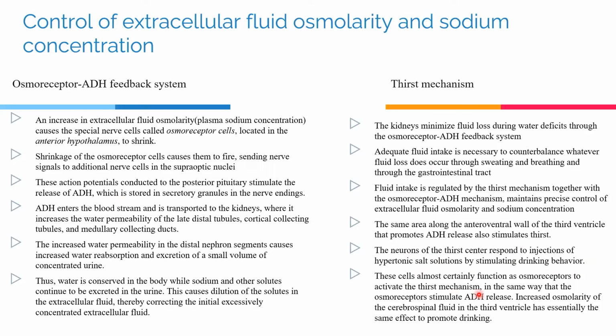These cells almost certainly function as osmoreceptors to activate the thirst mechanisms in the same way that osmoreceptors stimulate ADH release. Increased osmolarity of the cerebrospinal fluid in the third ventricle has essentially the same effect to promote drinking.